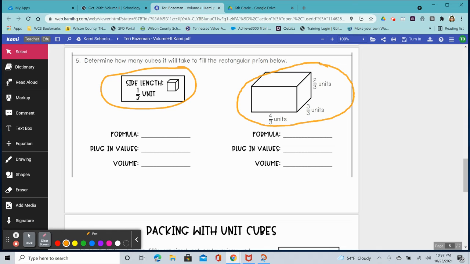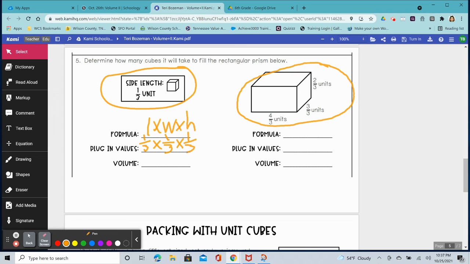Okay, so if we're finding the volume of the small, we have our formula, length times width times height, right? So we have 1/3 times 1/3, because all the sides are 1/3 on the small cube, times 1/3.